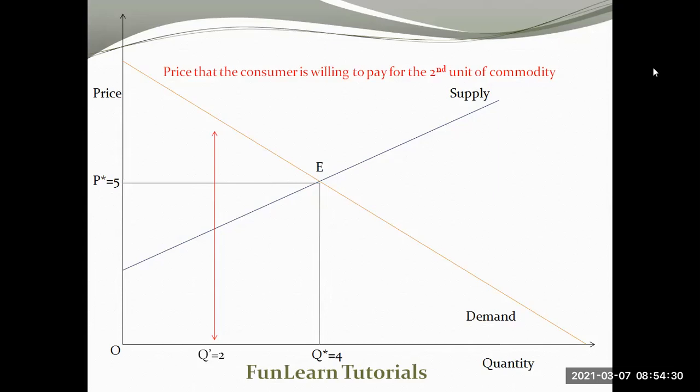And essentially, if we keep repeating it for different units of commodity, we'll find that the demand curve shows the price that the consumer is willing to pay for different units of commodity.